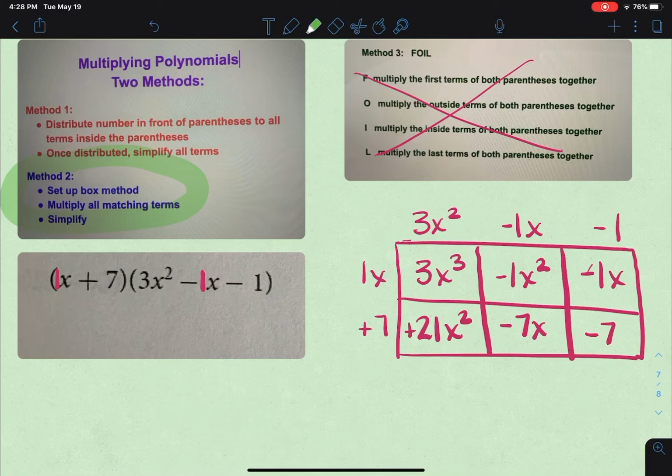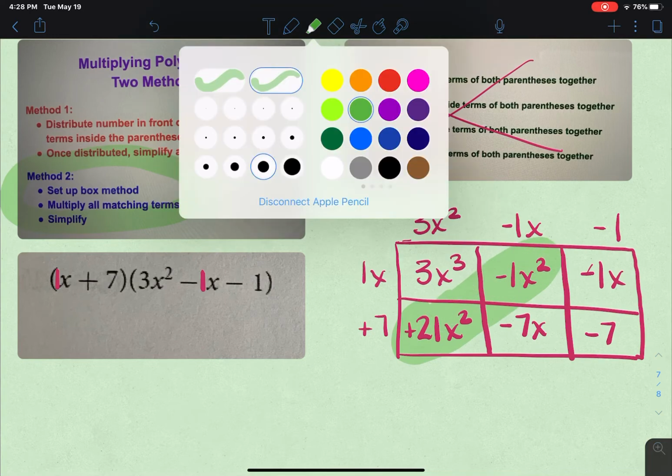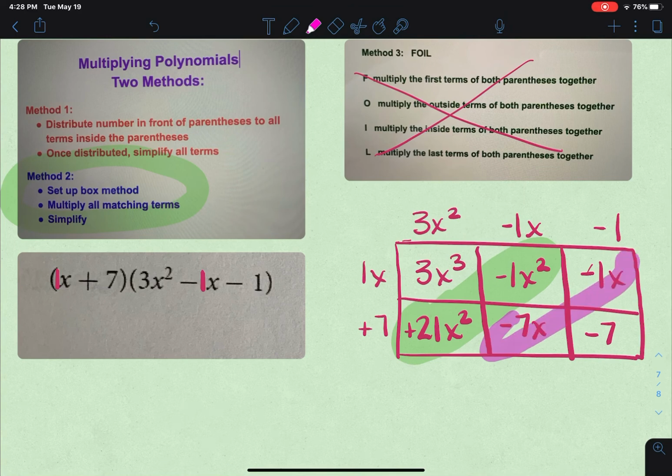Now, something I want you to notice, we do have some like terms. So there's one pair of like terms. Here's another pair. So that means that 3x to the third is going to come down, and minus 7 is going to come down the end. Now I got to put those terms together in the middle. So positive 21x squared and negative 1x squared is positive 20x squared.